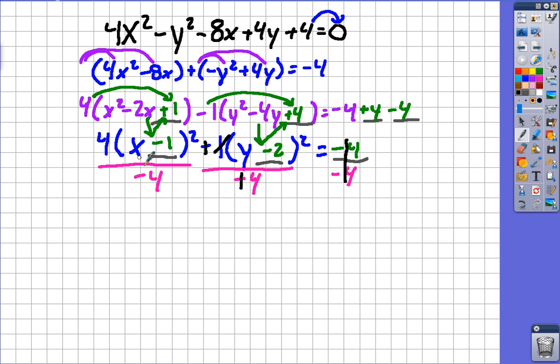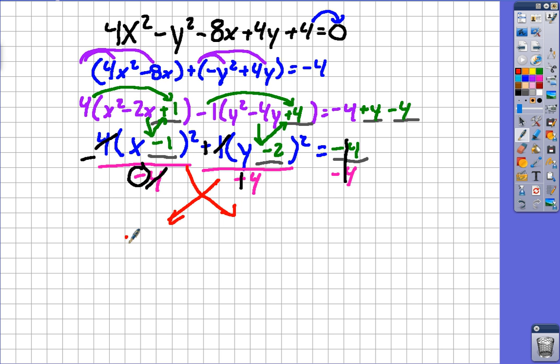And then 4 and 4 reduces, but look at this. It still has the negative here. So that means this term should be second. It's the negative term. And this term should be first. It's the positive term. So when we write our answer, we're going to put this term first and that one second.